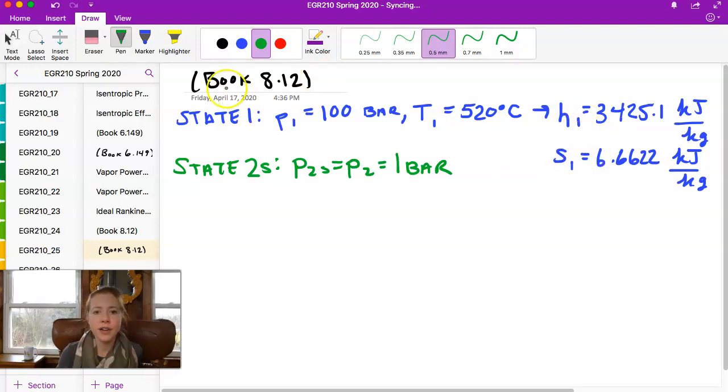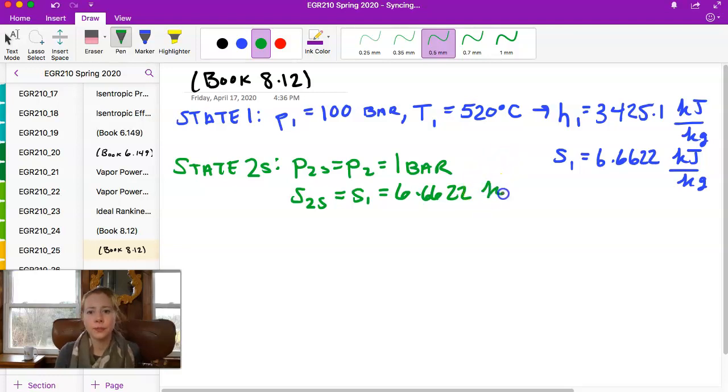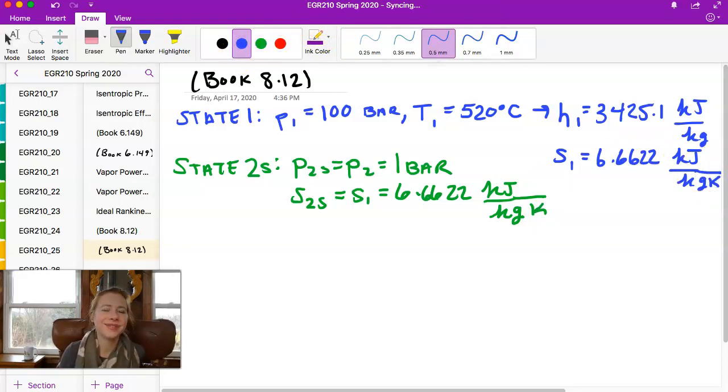So then by default, we know that S2s is equal to S1, which is 6.6622 kilojoules per kilogram Kelvin.